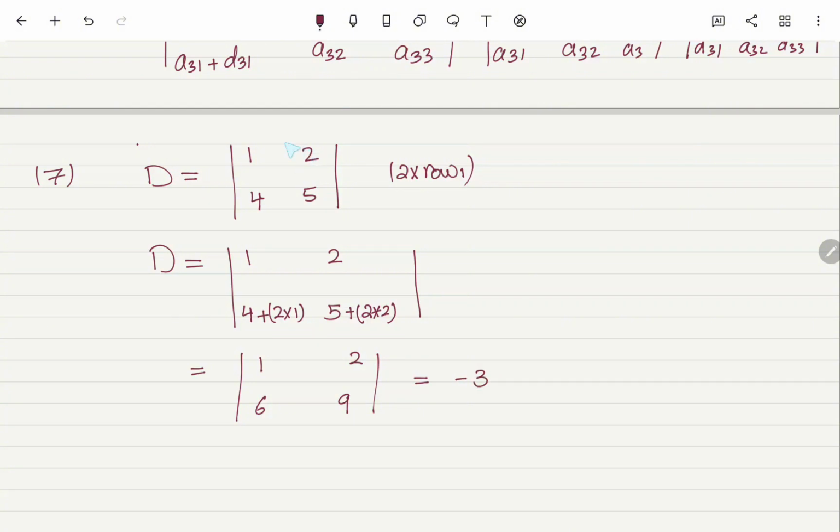And if we find the value of the original determinant, it's 5 times 1, it's 5, minus 8, it's minus 3 as well. So the value of the determinant does not change if we add a multiple of a row to another row or column.